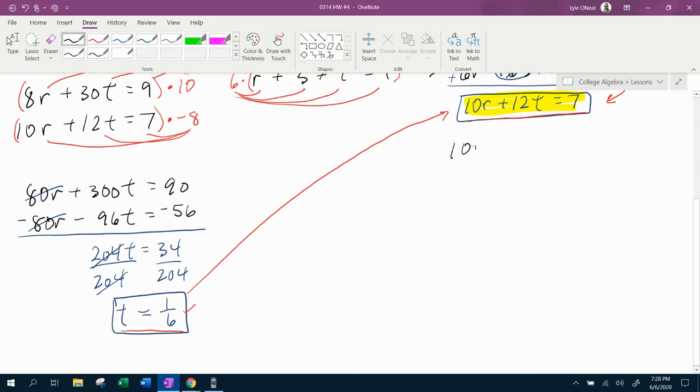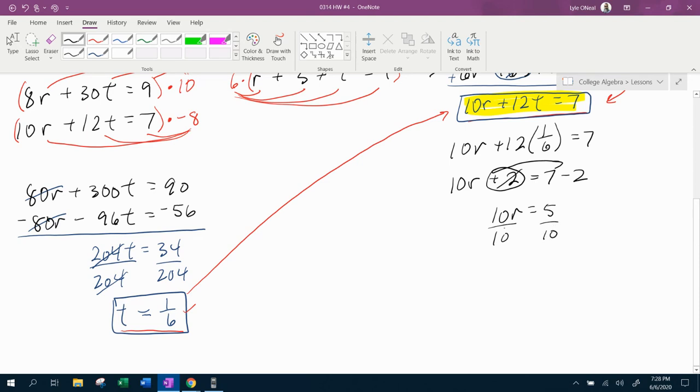And that's going to give me 10r plus 12 times t, which is a sixth, equals 7. And a sixth of 12 is 2. The 2 wants to come over and make -2. 7 minus 2 is 5.